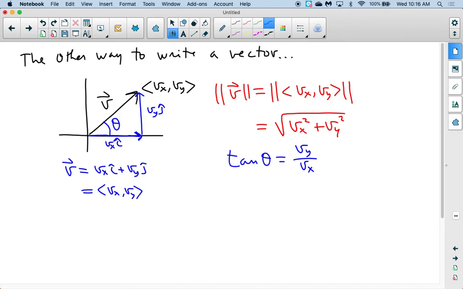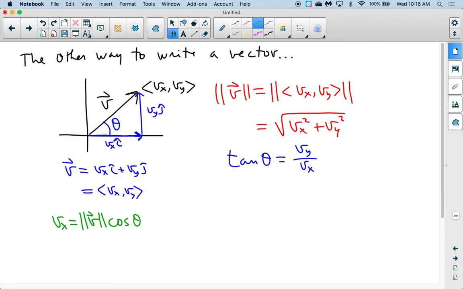SOHCAHTOA would let us think of the Vx component as r cosine theta. Well, r here is just the magnitude of v. So I could write Vx, the component, as the magnitude of v cosine theta, right? It's a legit way to do it.